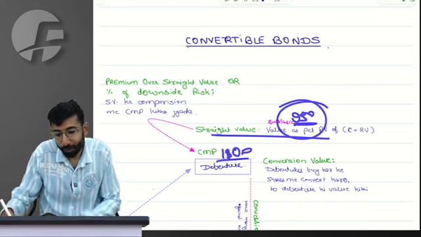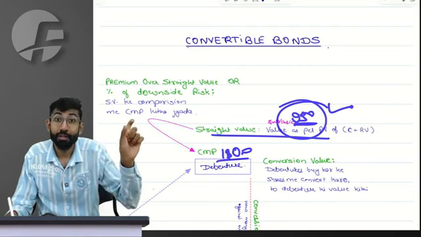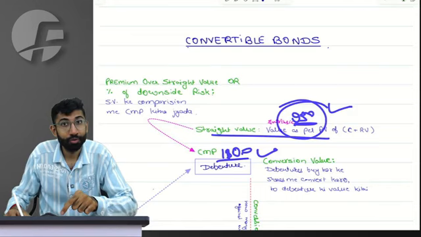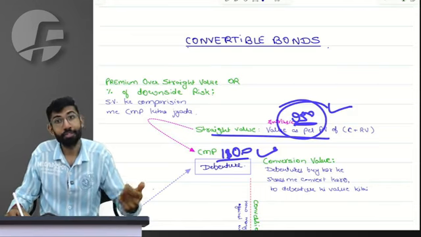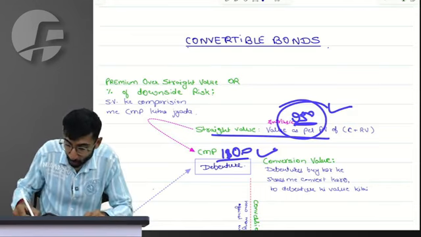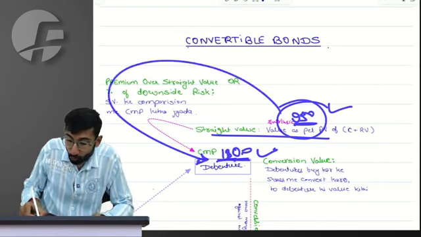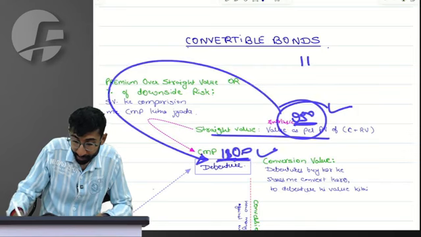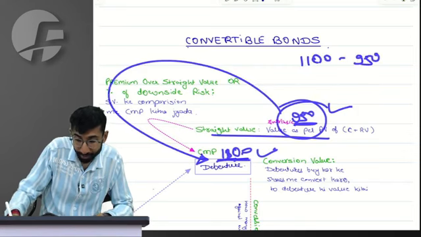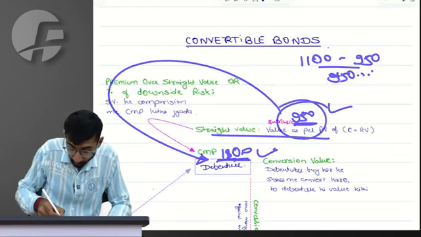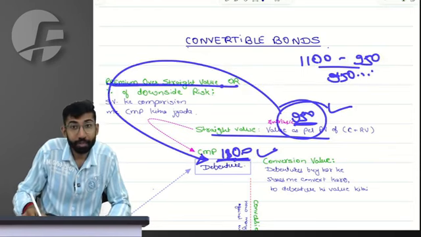Because the present value of future cash flow is only 950, considering redemption value and no option to convert. But since there is an option to convert, people are expecting an increase in share price, hence they are ready to pay 1100 for the debenture in the market today. How much premium over and above the straight value are they paying? It is (1100 minus 950) divided by 950, in percentage terms. Look at the term premium over straight value.